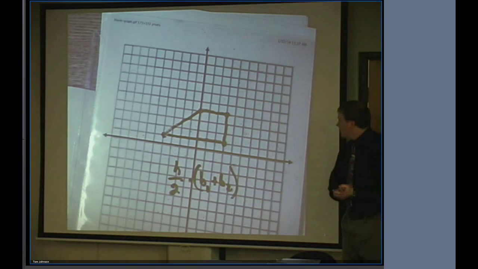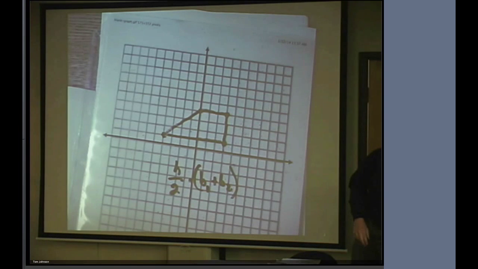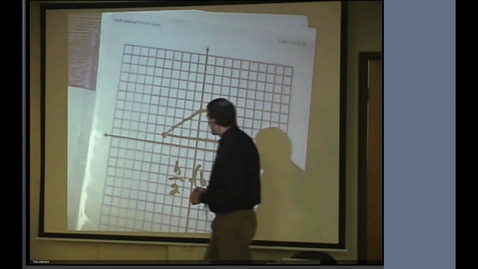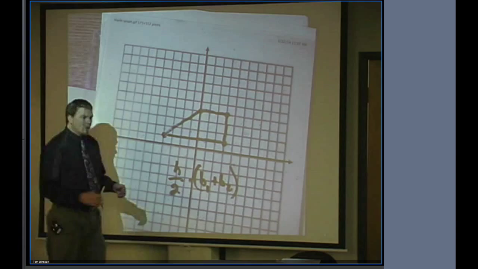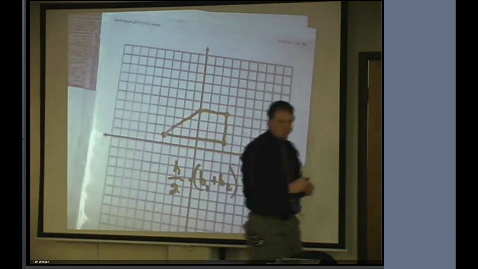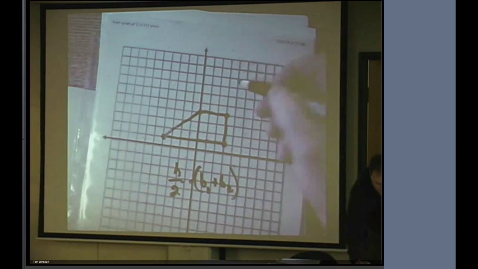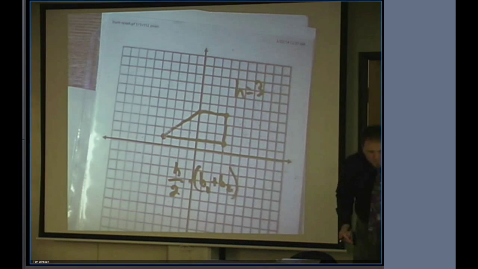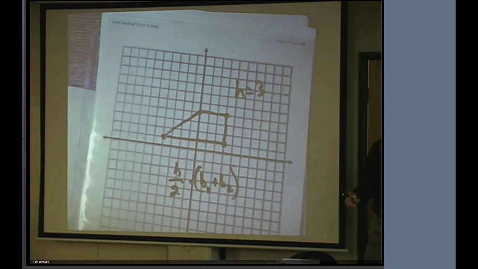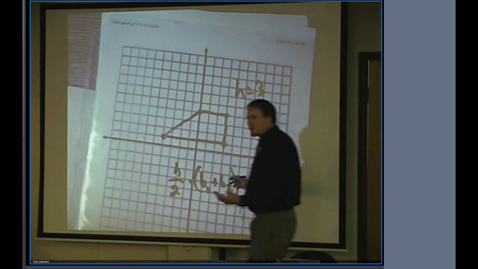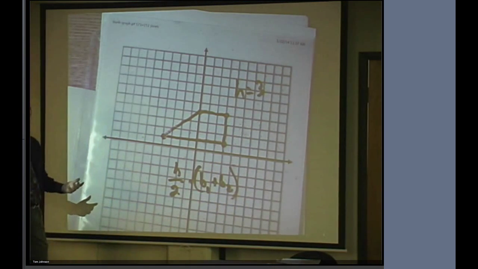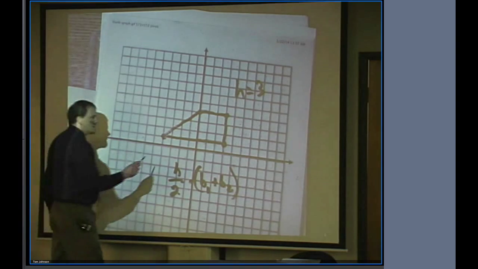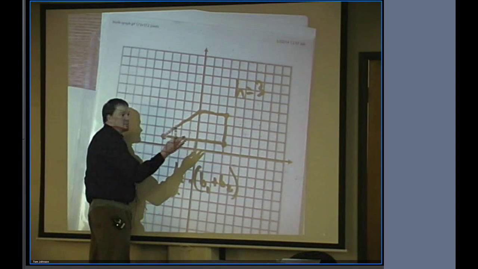Okay. So what is my height? 3. We could say that 3 is my height. Base 1 and base 2, which one do we want to call base 1, which one do we want to call base 2? The top and the bottom. It doesn't matter, right?